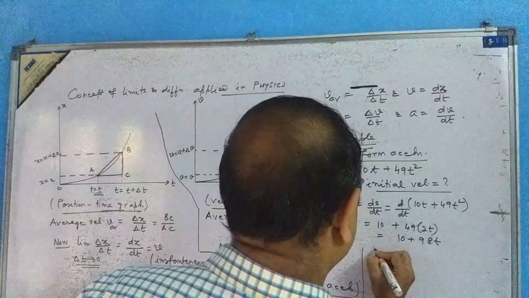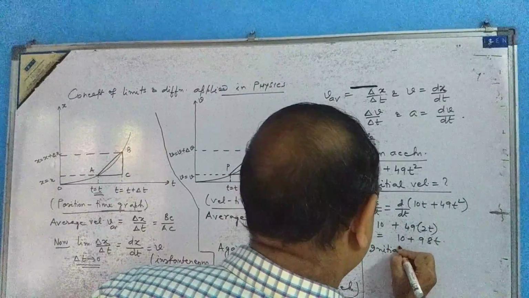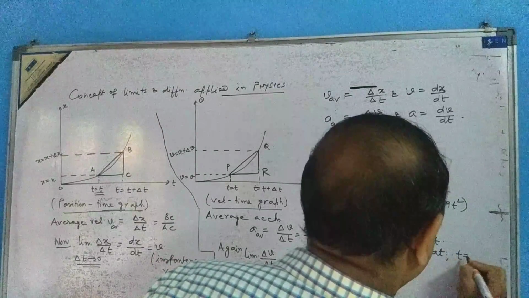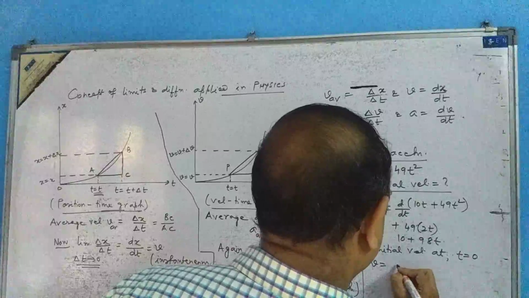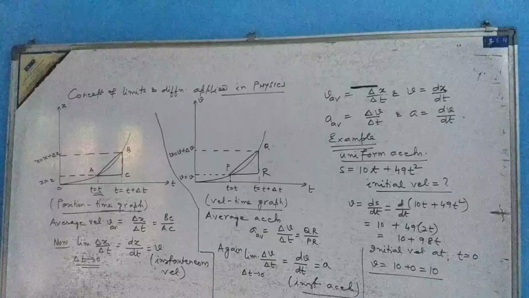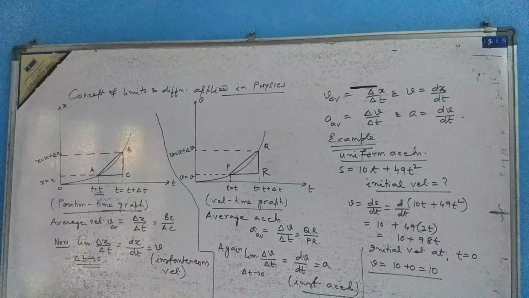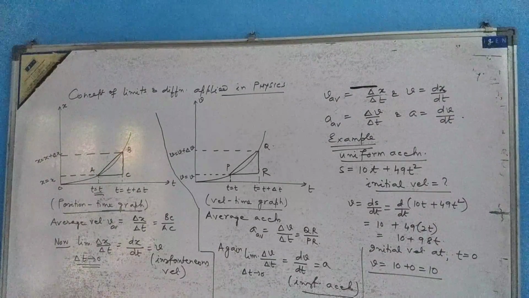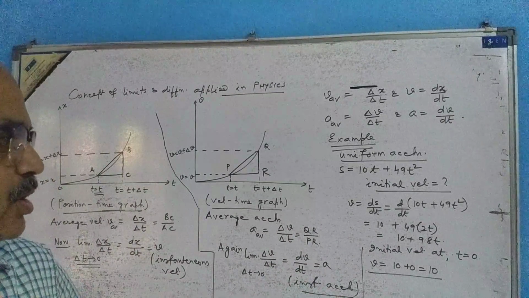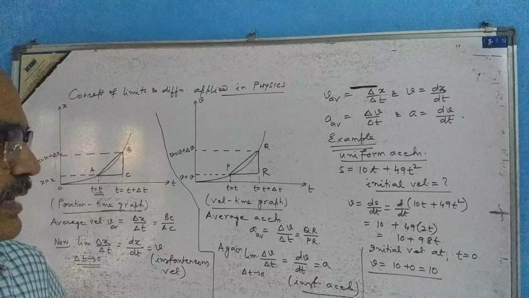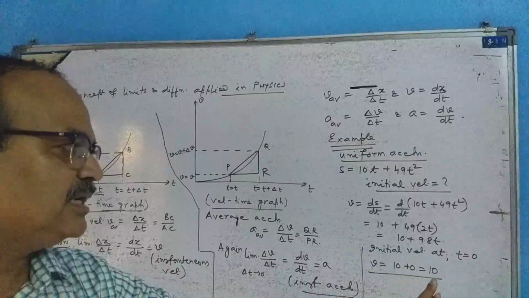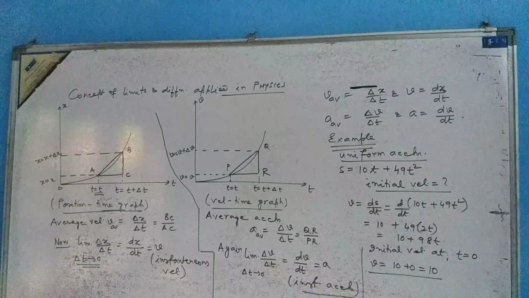And when will the initial velocity be taken? At t is equal to 0. V should be how much? 10 plus 0, means only 10. When it is said to determine initial velocity, t must be equal to 0. I hope all of you got it. So this way you can determine.